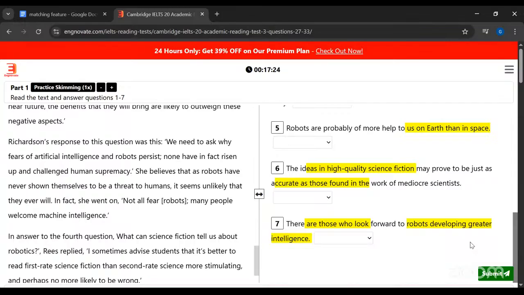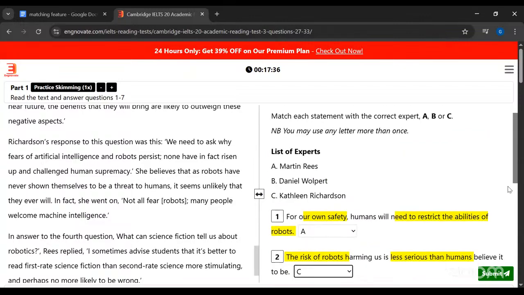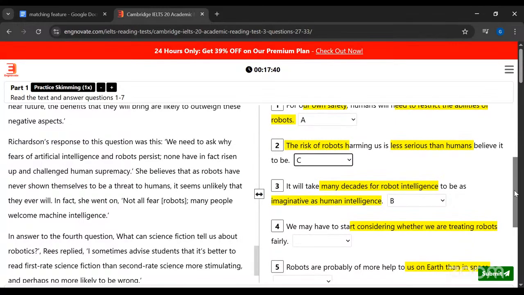Which line? Can you refer me to the line of this paragraph? She believes that as robots have never shown themselves to be a threat to humans, it seems unlikely that they ever will. In fact, she went on, not all fear; many people welcome machine intelligence. There are some people who want robots to be intelligent or advanced.